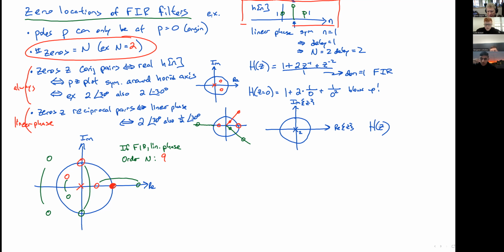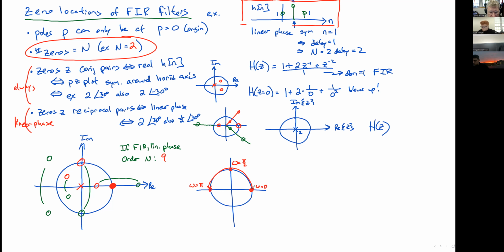So when you evaluate, you can read off a system's DTFT by reading around this part of the unit circle. Here we're looking at omega equals 0, our low frequencies. Here we're looking at omega equals pi over 2 radians per second, our medium frequencies. And here we're looking at omega equals pi radians per second, our highest frequencies.